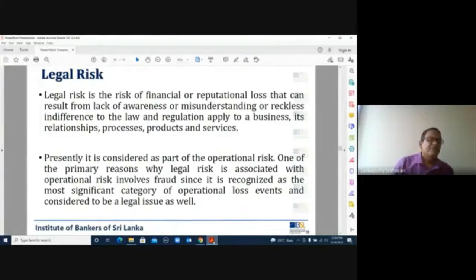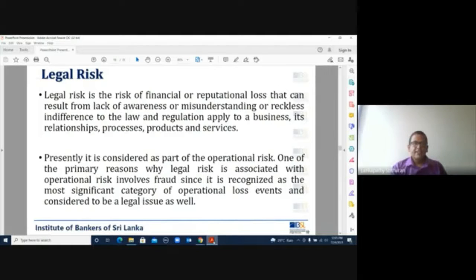Earlier, maybe 5 to 10 years ago, the legal risk was also considered a part of the operational risk. But now modern theory categorizes the legal risk as a separate non-financial risk.